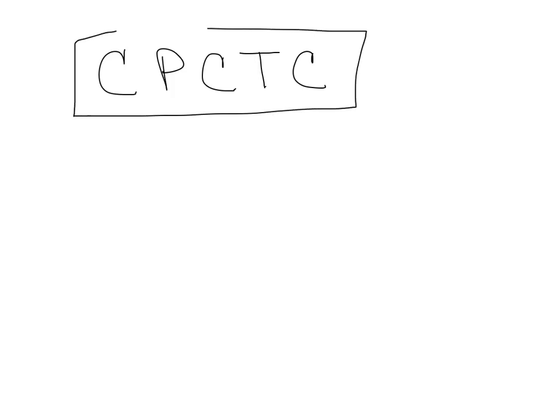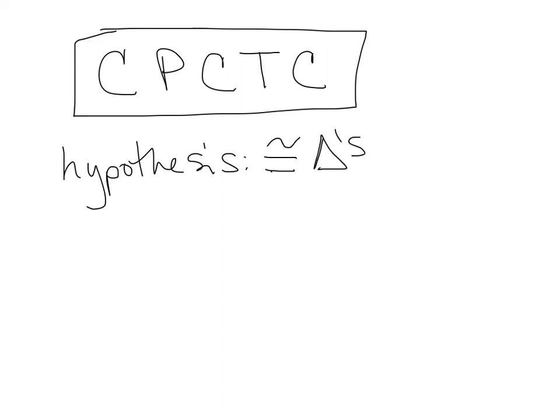So as a quick recap, what you should get out of this video is that corresponding parts of congruent triangles are congruent. And please use CPCTC. You do not need to write out all the words. But the hypothesis part, right? So the part that you need to have fulfilled in a proof is that you have congruent triangles, and then that means that corresponding parts are congruent.